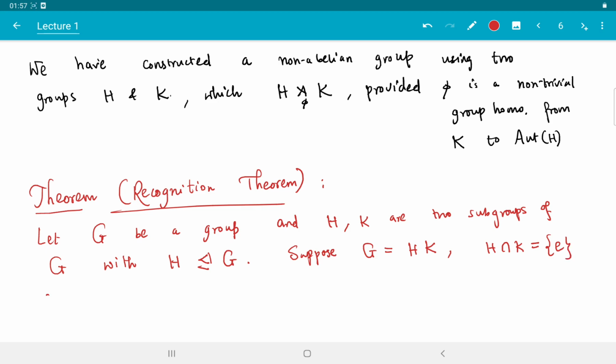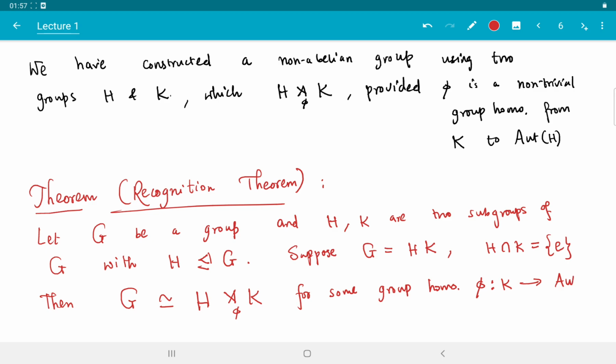Then G is isomorphic to the semi-direct product of H and K, for some group homomorphism phi from K to the automorphism group of H. So it is the main theorem which states when we can write a group G as the semi-direct product of two of its subgroups.